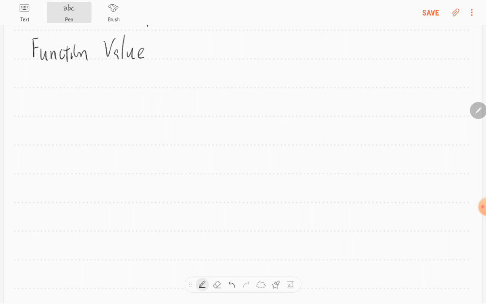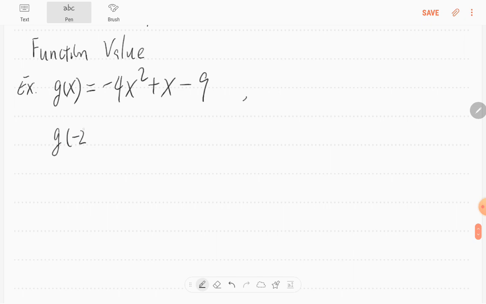Let's use some examples. If you have a function g of x, which is equal to negative 4x squared plus x minus 9, what is g of negative 2? What does this mean?